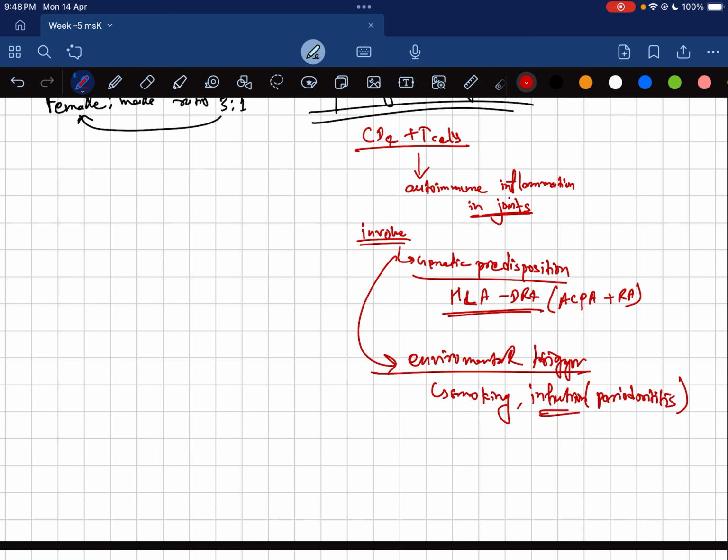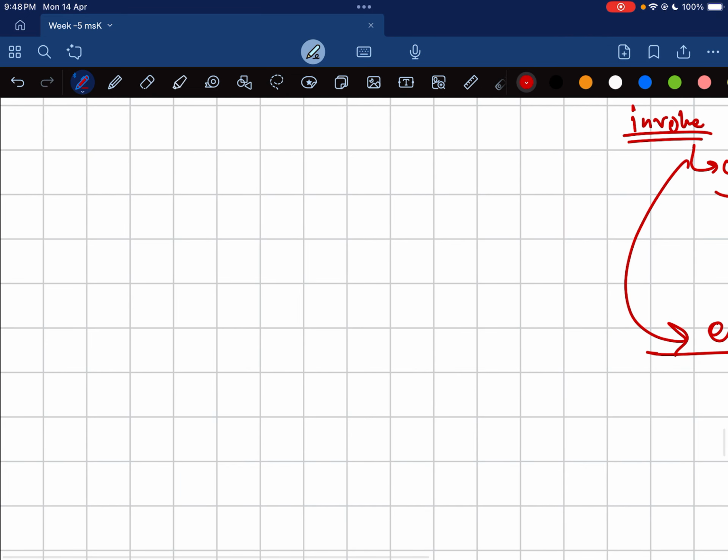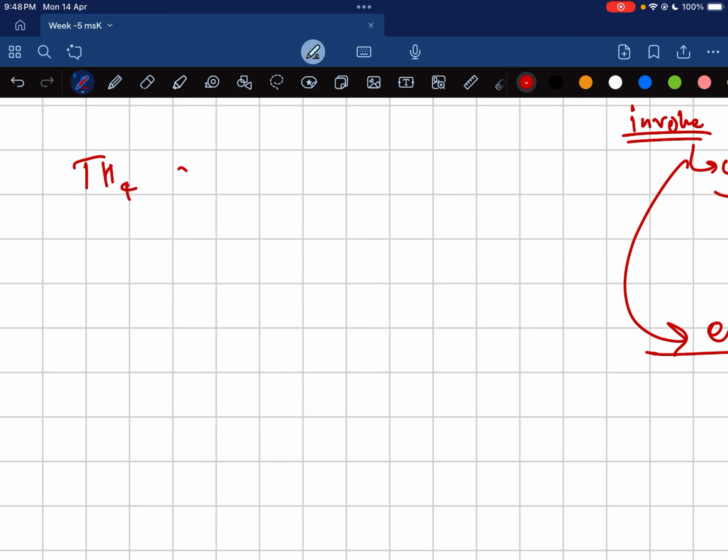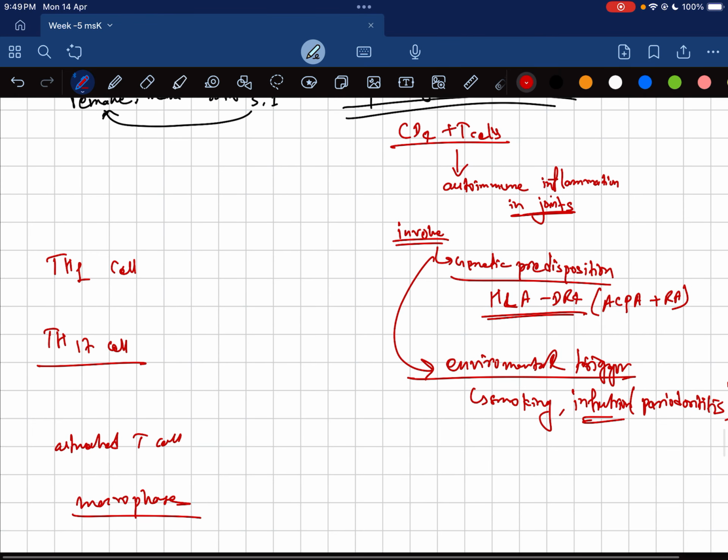Looking at the key cytokines, the source cells are T helper 1 cells, T helper 17 cells, activated T cells, and macrophages.